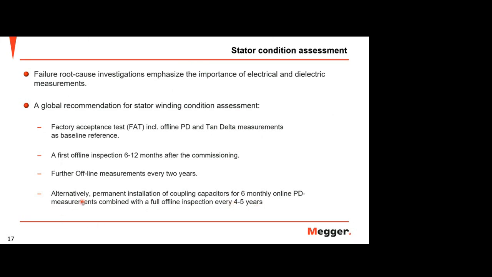So with this alternative, at least you can reduce the downtime of your machine with the regular 6 month online, because you don't need to shut down your system, but you still can get the information. And to verify it, you can do every 4 or 5 years.